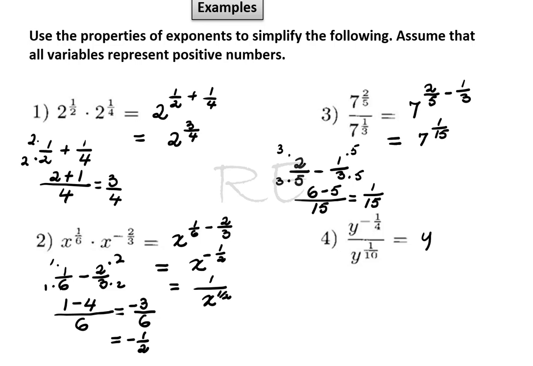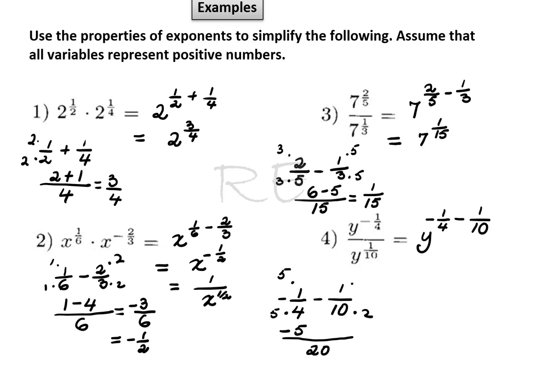Y to the -1/4 divided by y to the 1/10. We bring 1/10 up, so we change the sign. So it's y to the -1/4 minus 1/10. Between 4 and 10, the common denominator is 20. We will multiply 4 by 5, -5.